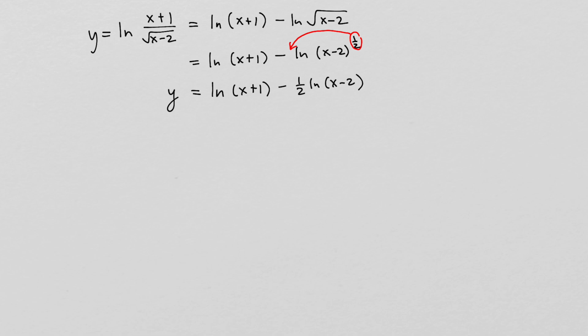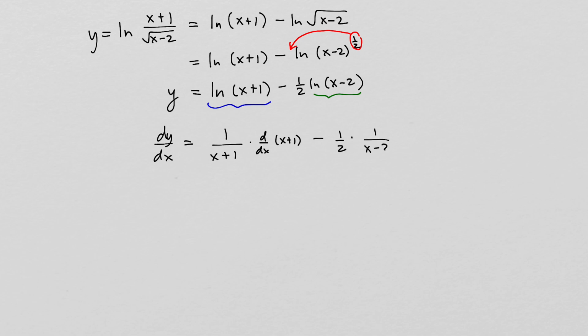Now it is very easy to take the derivative. dy dx, the derivative of natural log of x plus 1 is 1 over x plus 1 times the derivative of x plus 1. Minus, then we have 1/2 times the derivative of natural log of x minus 2 is 1 over x minus 2 times the derivative of x minus 2.